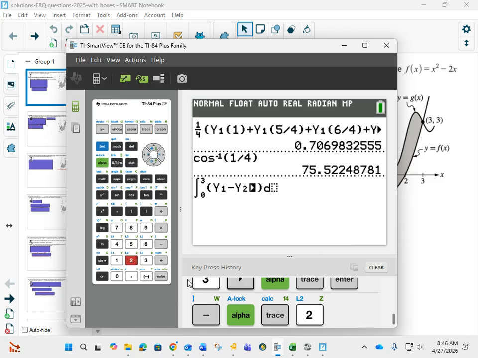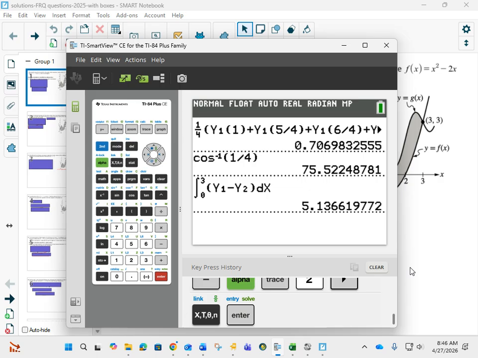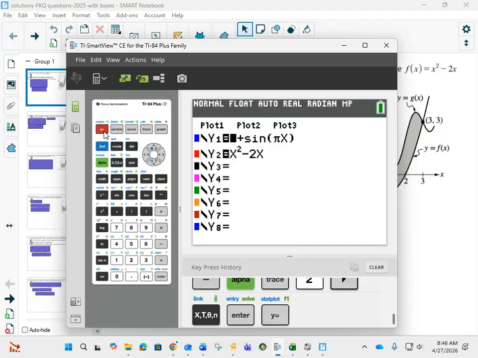I can type that in instead with respect to x. Now my equations are in my graph, but I didn't need to retype them into my calculator. I didn't have to worry about making a typo. I can double check it once to make sure that my equations are written correctly, and then I can use those equations again.